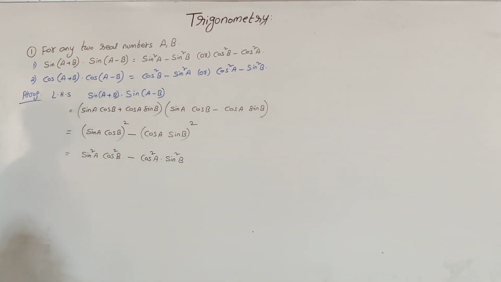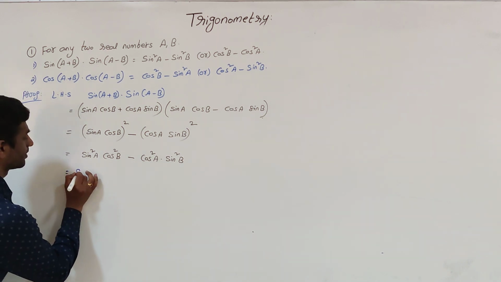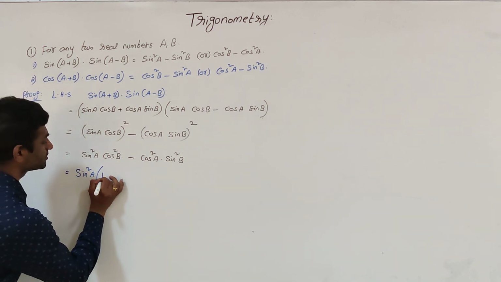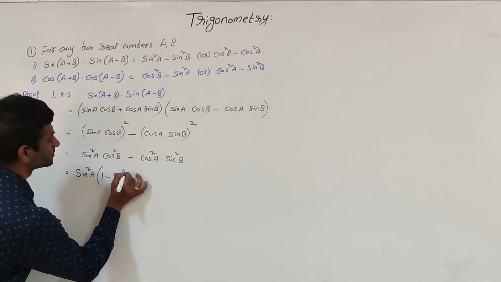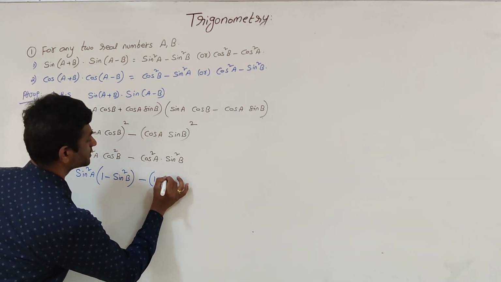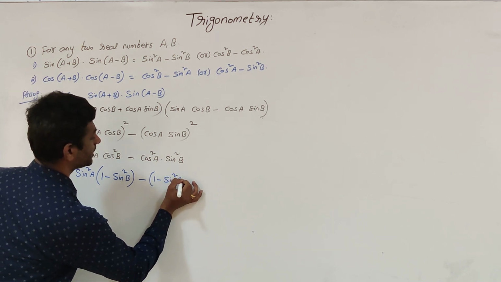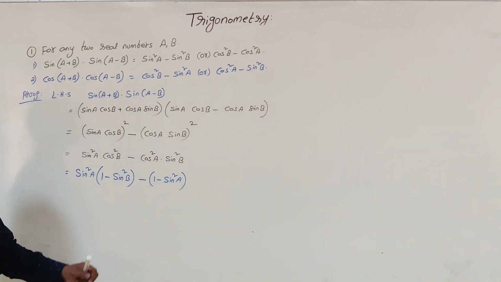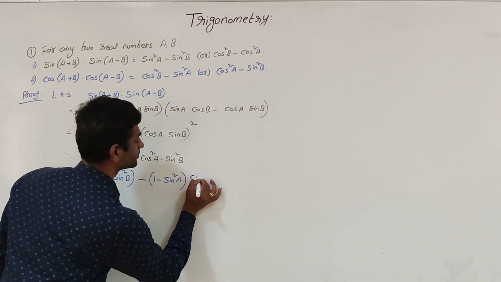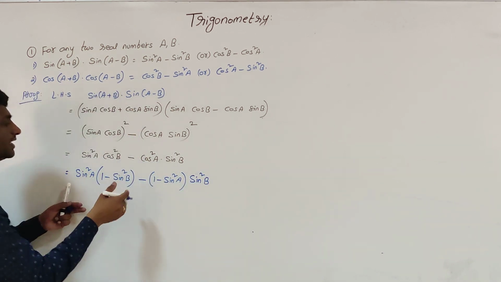Now either convert cos square in terms of sin square or sin square in terms of cos square. So we will rewrite in terms of sin square A by using the identities. Cos square B can be written as 1 minus sin square B, minus 1 minus sin square A, as cos square A can be written as 1 minus sin square A, because sin square A plus cos square A is always 1, into sin square B. Means we are trying to convert in terms of sin.